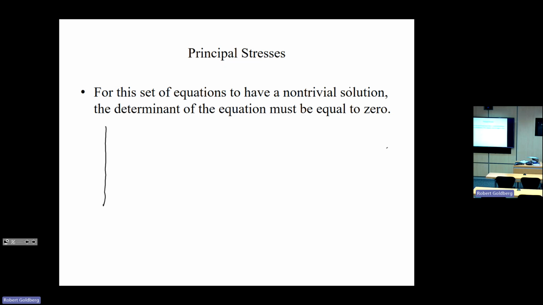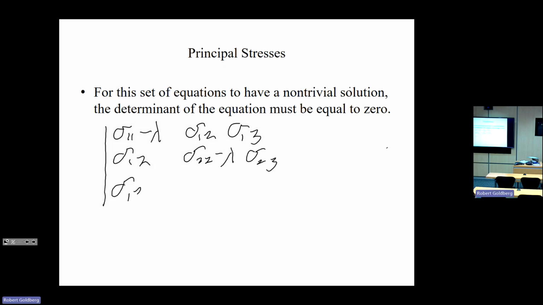We can say that the determinant of the matrix with rows (sigma 11 minus lambda, sigma 12, sigma 13), (sigma 12, sigma 22 minus lambda, sigma 23), (sigma 13, sigma 23, sigma 33 minus lambda) has to be equal to 0.